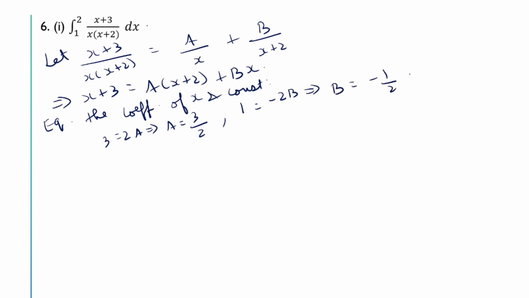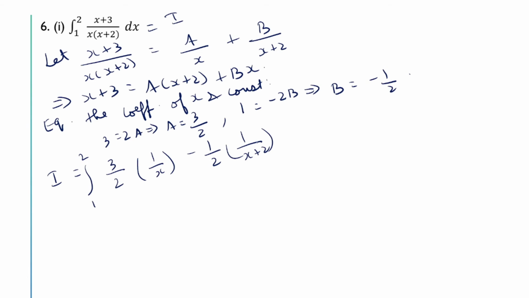So let us take the given integral as equal to I. So the given integral becomes I is equal to integral 1 to 2 of 3 by 2 into 1 by x minus half into 1 by x plus 2 dx. Now we can integrate.